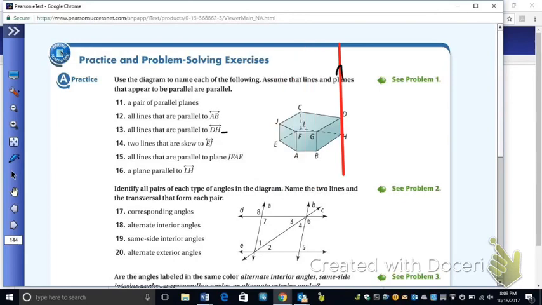So here's the thing. If I have DH and CL, I know that those two are in a plane. That's plane CDH. And if I have, let's say, JE and DH, those two are also in a plane. We call that plane JDH. Now here's the thing. That is a different plane than CL was in.